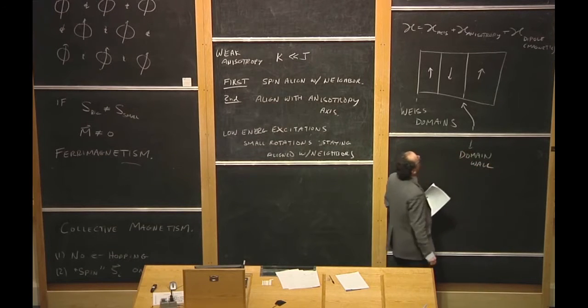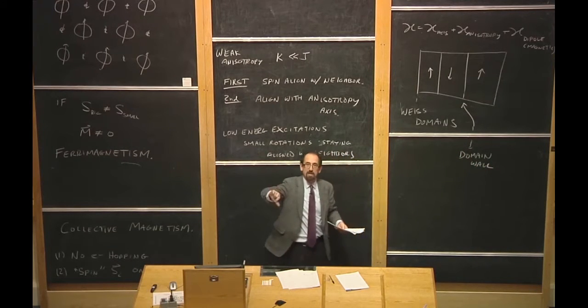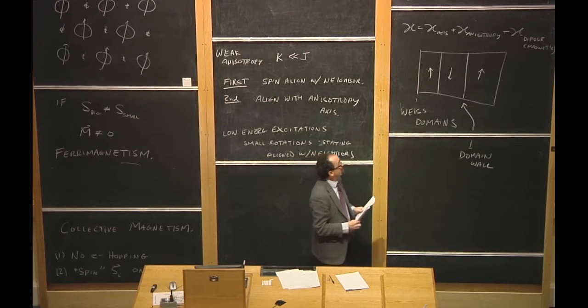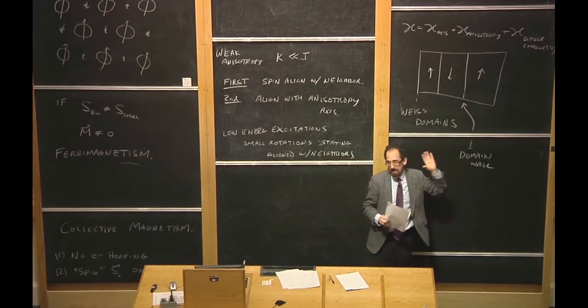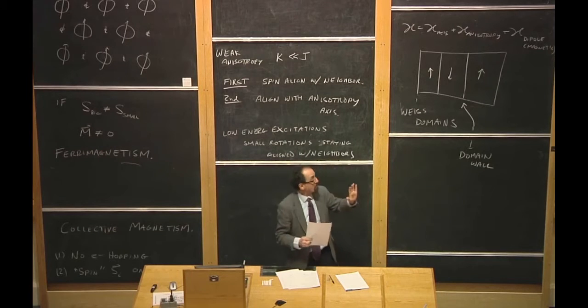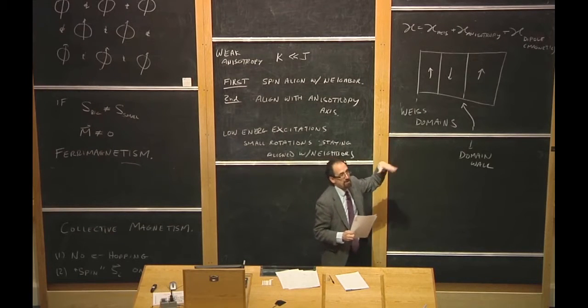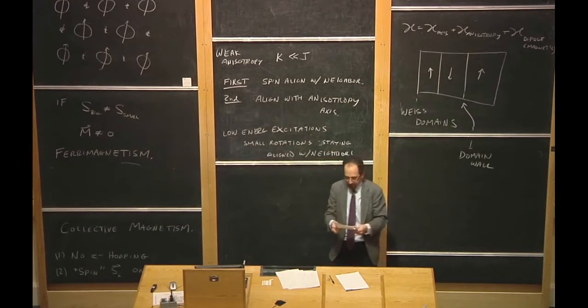There's some Heisenberg energy to have upspins next to downspins on the domain wall, but you sacrifice that Heisenberg energy in the domain wall in order to save magnetic, or dipolar, energy for the whole system as a whole.